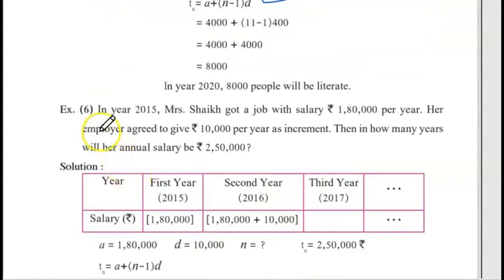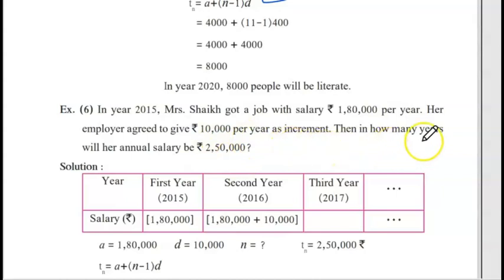Now next example. In year 2015, Mrs. Sheikh got a job with salary rupees 1,80,000 per year. Her employer agreed to give rupees 10,000 per year as increment.